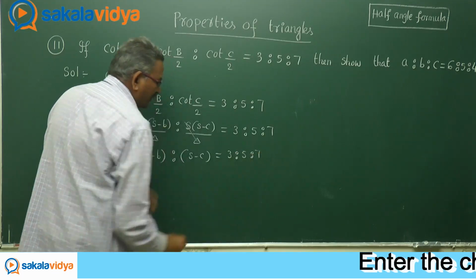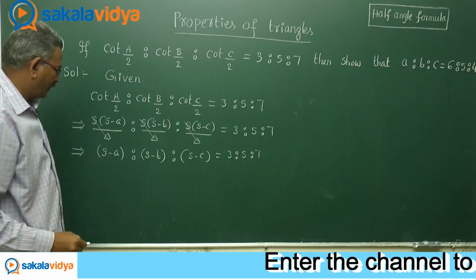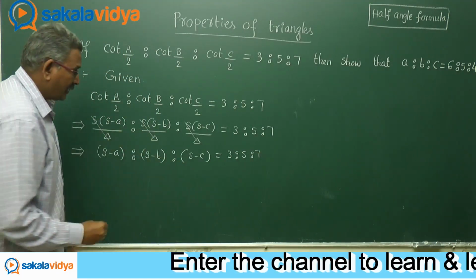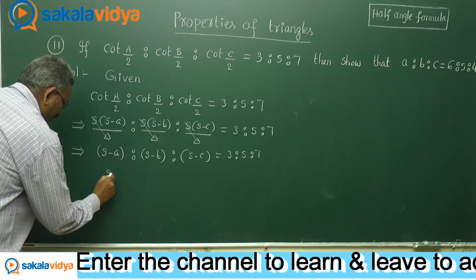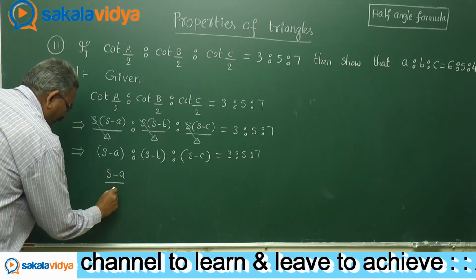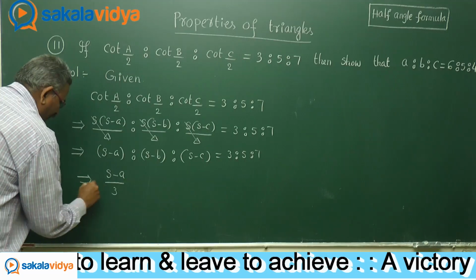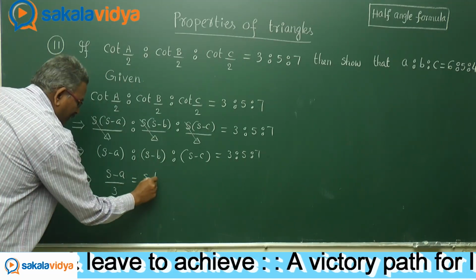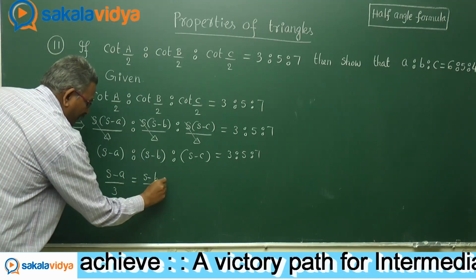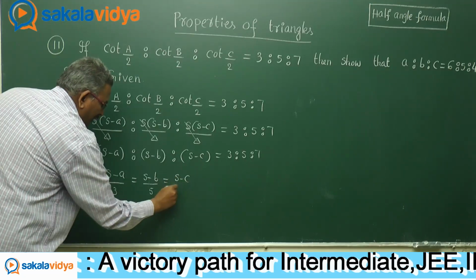In the planning session we have already discussed this. Again this can be rewritten as s minus a by 3 equals s minus b by 5 equals s minus c by 7.